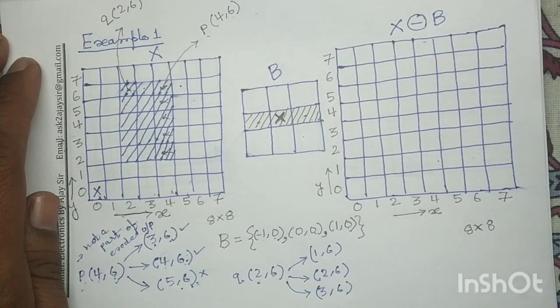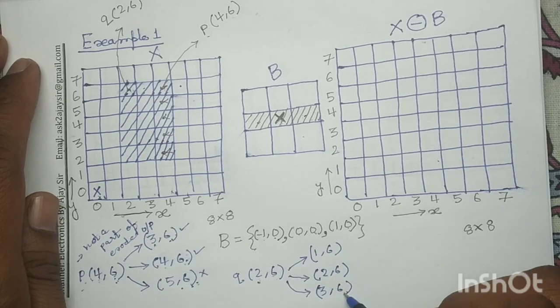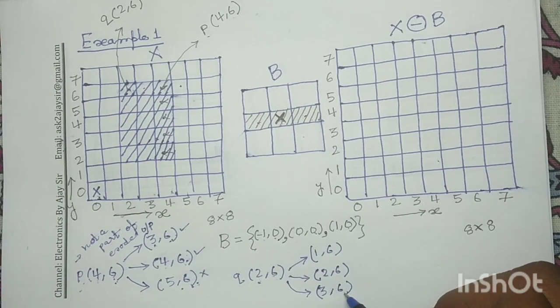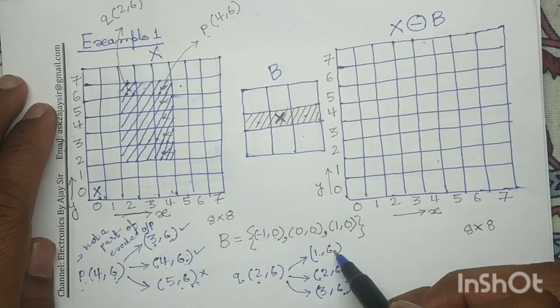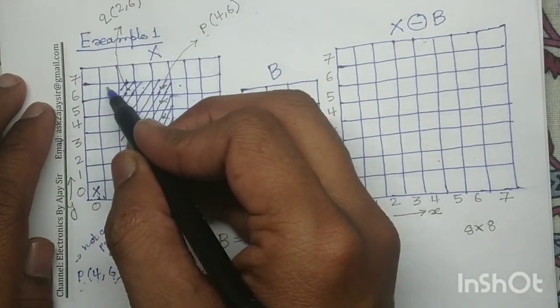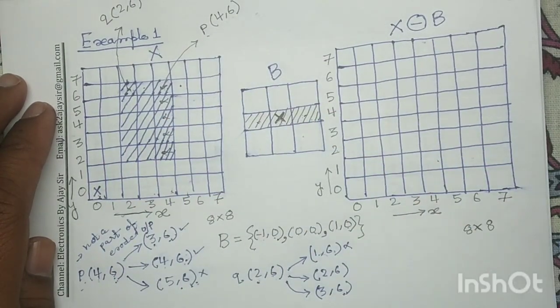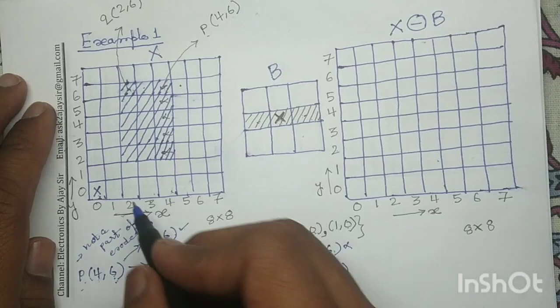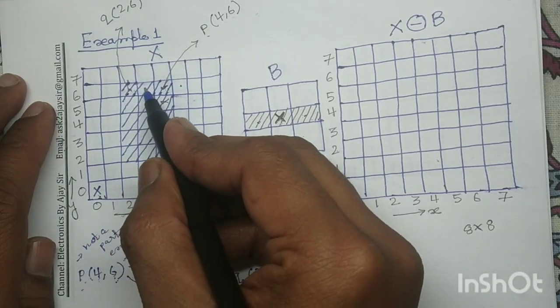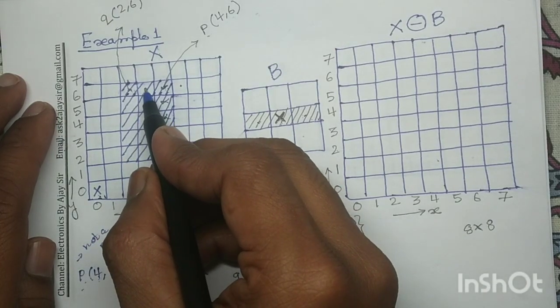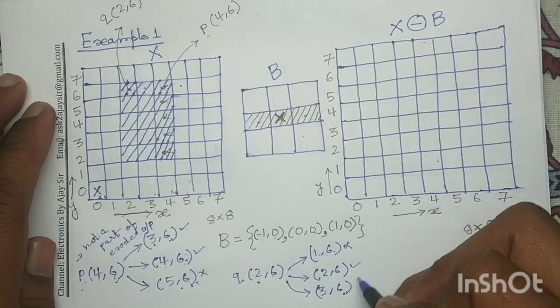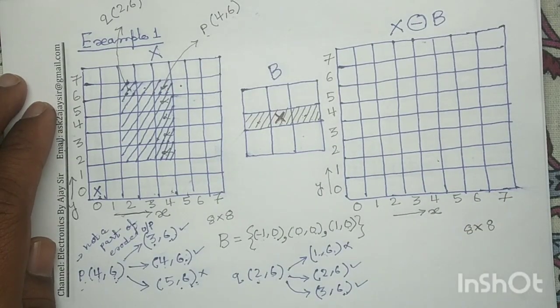Right? Now we will check whether 1, 6, 2, 6 and 3, 6 are part of the image set X or not. First, 1, 6 is not part of the input image set X. 2, 6 and 3, 6 both are part of the input set X. So again we will make a conclusion.